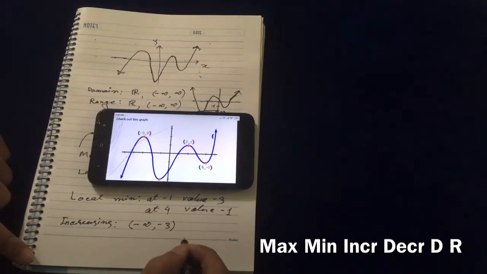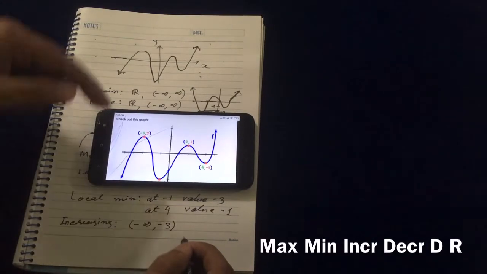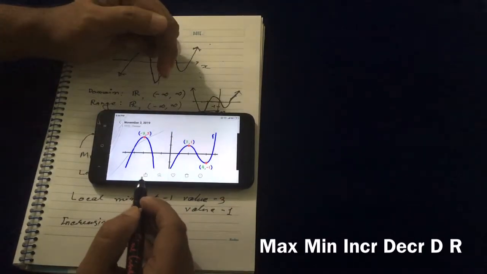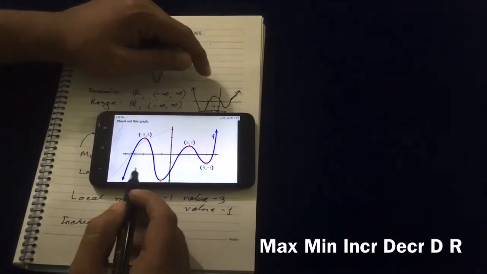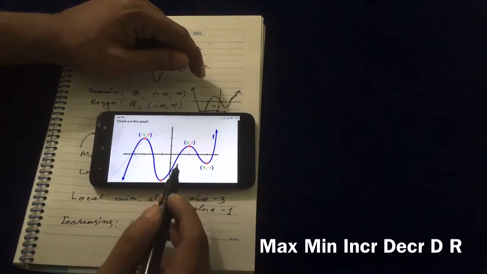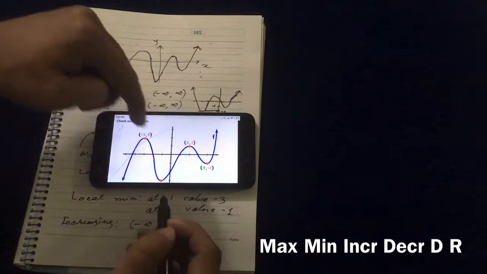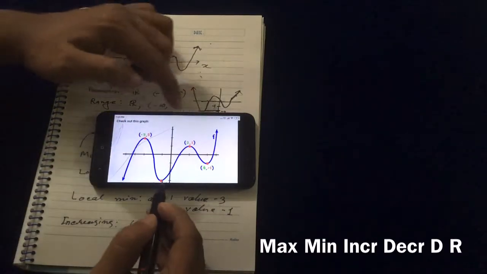Then from this point to this point it is increasing. From this point to this point it is increasing. See, this point to this point it is decreasing. We will write the decreasing later.